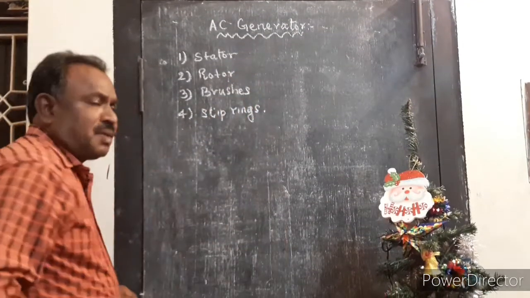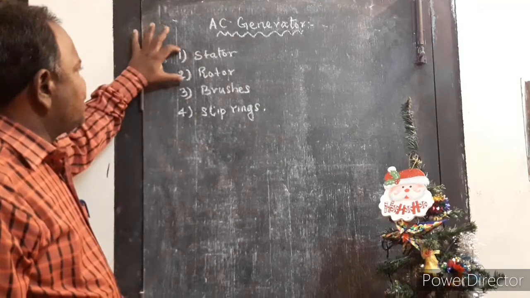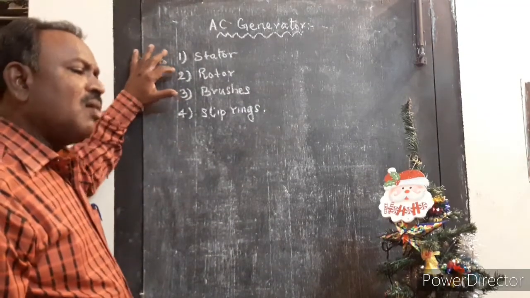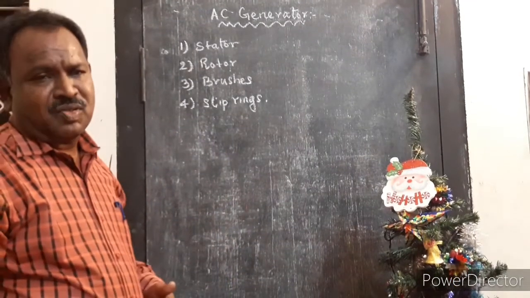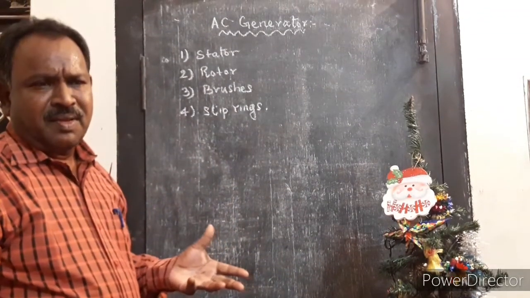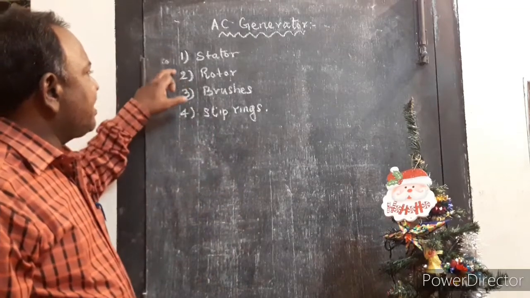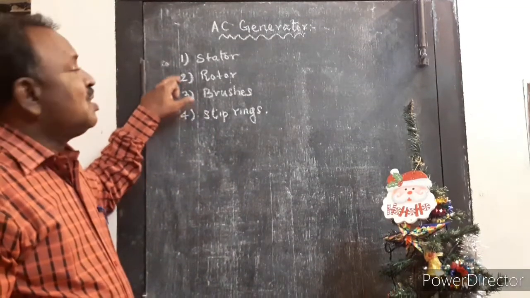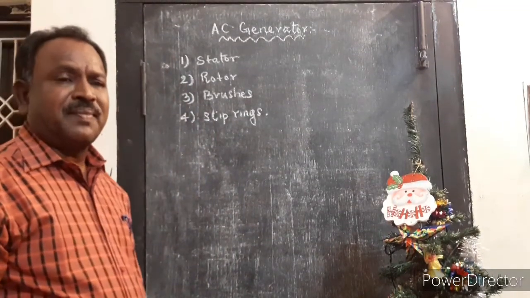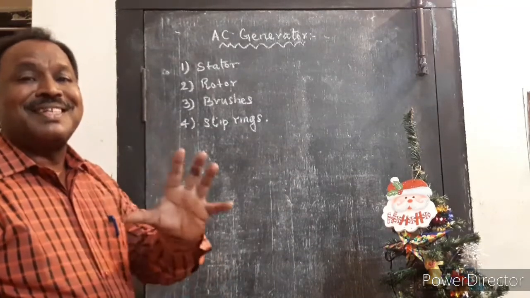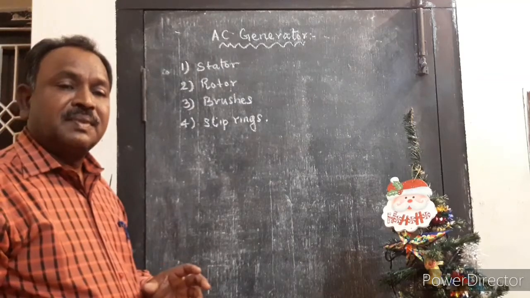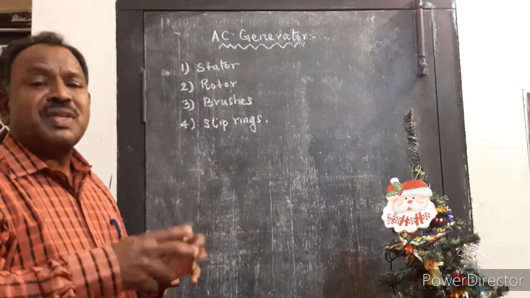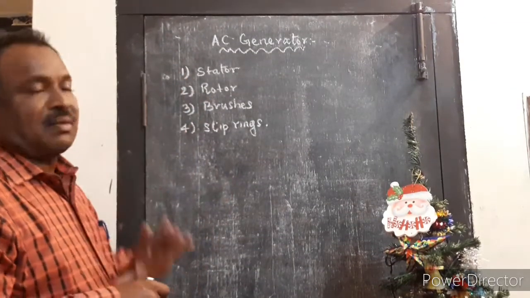So these are the main parts. Among these four, the stator and rotor are the very important parts of an AC generator. A commercial generator will have a stator and a rotor. The name itself states that the stator is a stationary one, and the rotor is the part that rotates inside the stator.